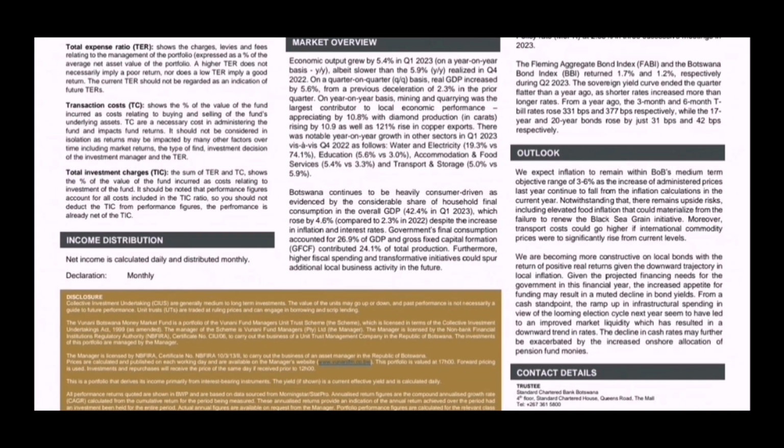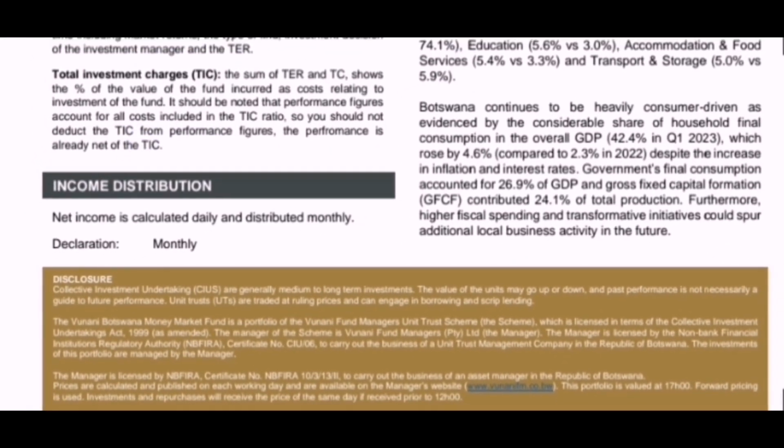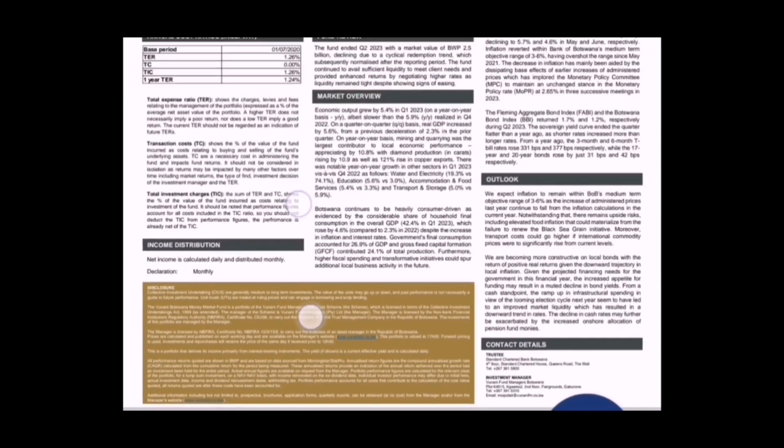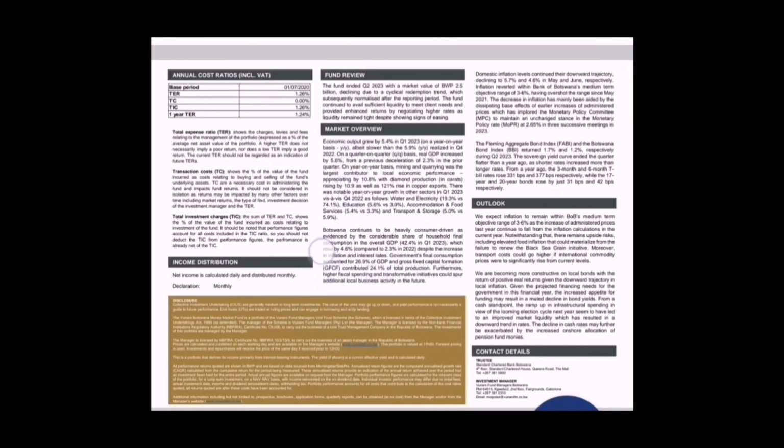And then, wow, one other thing that I forgot when we were looking at the first fund fact sheet is the income distribution. You can see there is income distribution. So for this particular fund, normally for your money market fund, income is distributed on a monthly basis. You can say declaration on a monthly basis. I don't know what we have not looked at.